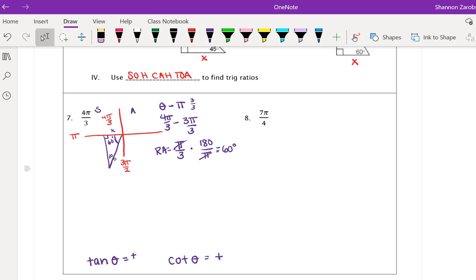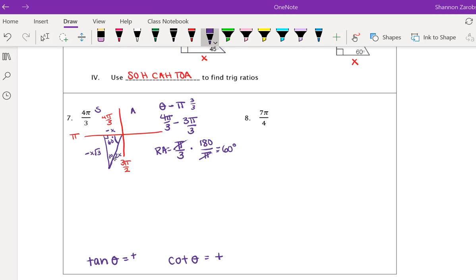So here's x, here's 2x, here is x square root 3. Okay, and since we're in quadrant 3, this should be negative and this should be negative as well, since the ordered pair, I'm going left and I'm going down.